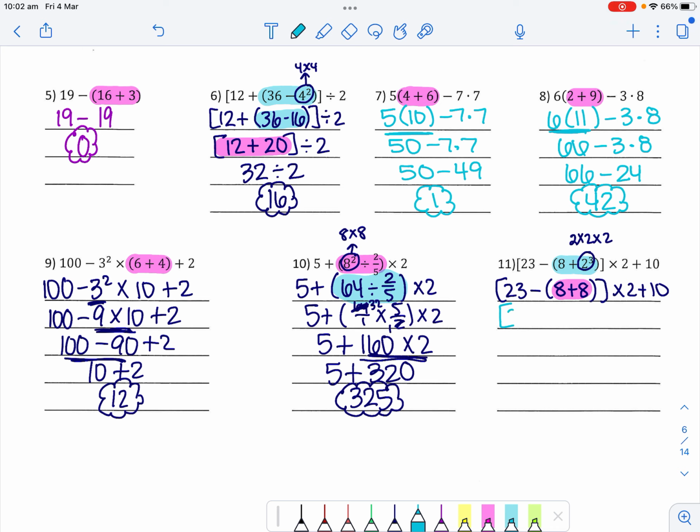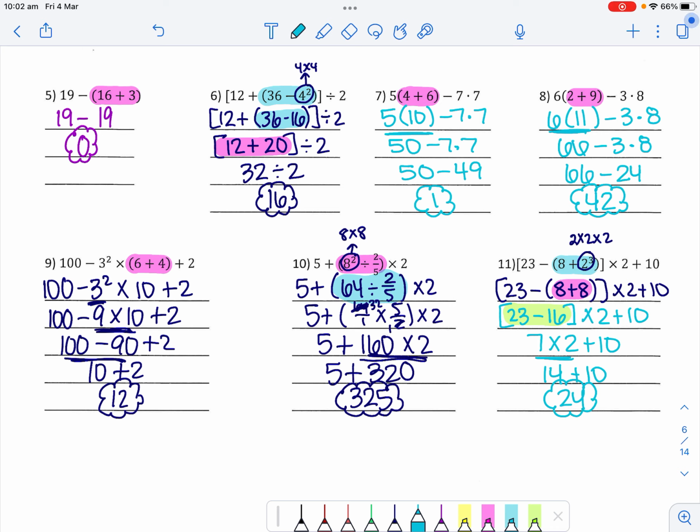So bracket stays 23 minus 16 times 2 plus 10. Now I can do my 23 minus 16. So I'm in this parenthesis right here. So that's going to be 7 times 2 plus 10. Now I can multiply. 14 plus 10 is 24.